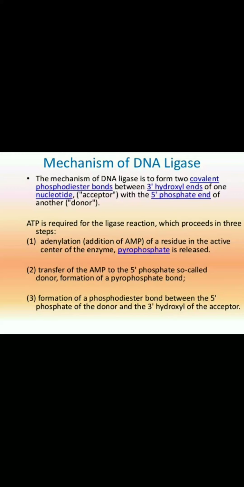Now in the second step, transfer of AMP, adenosine monophosphate, to the 5' phosphate, which is known as the donor, and formation of a pyrophosphate bond. So when AMP is transferred to the 5' phosphate, the pyrophosphate bond is formed. Third step, formation of a phosphodiester bond between the 5' phosphate of the donor and the 3' hydroxyl of the acceptor.